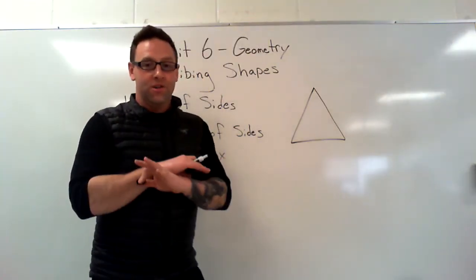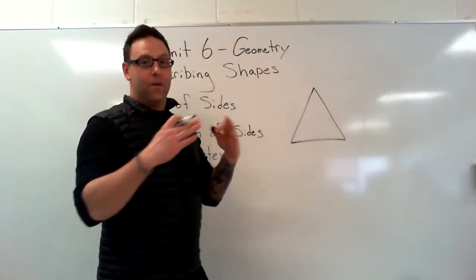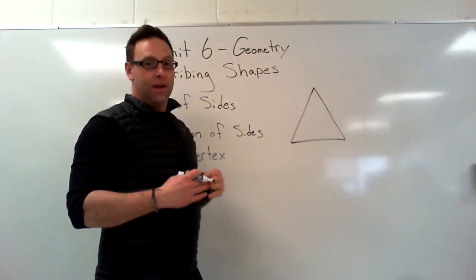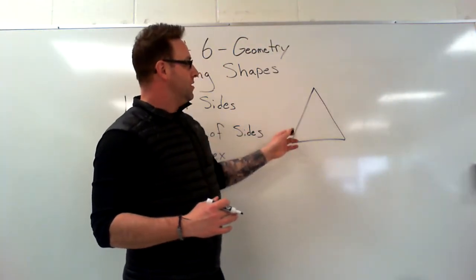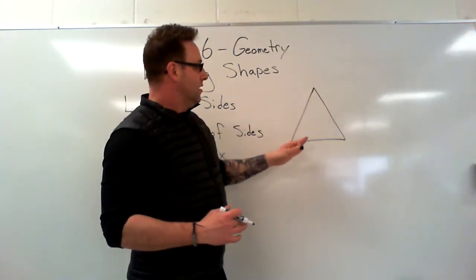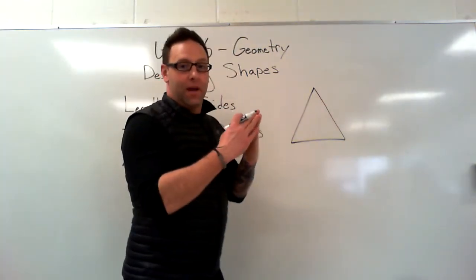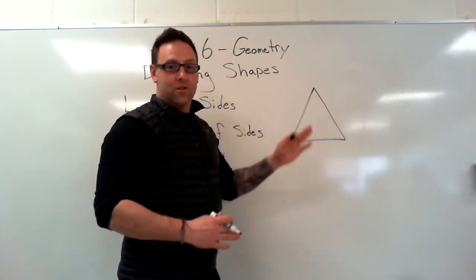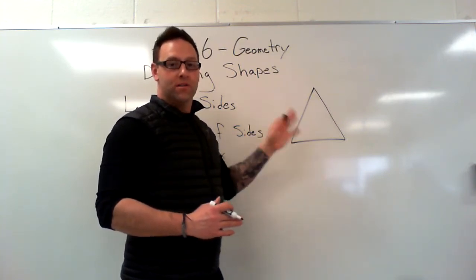This shape has no parallel sides because all of these lines join up at some point. For example, you might say, well, those 2 are opposite, but they meet right here. This side also could be opposite of these, but they all meet up at a corner. So we say this shape has no parallel sides.